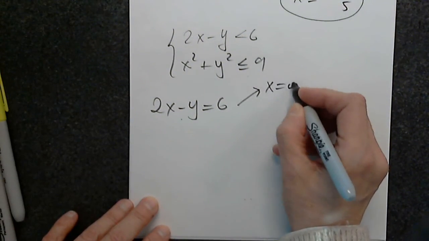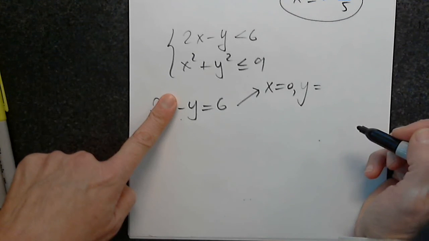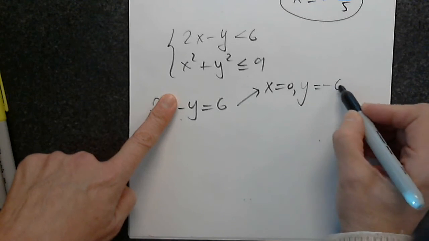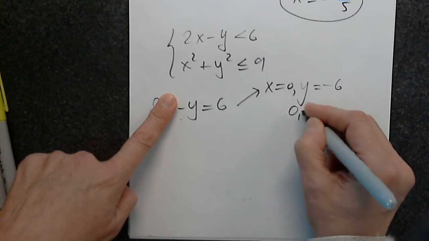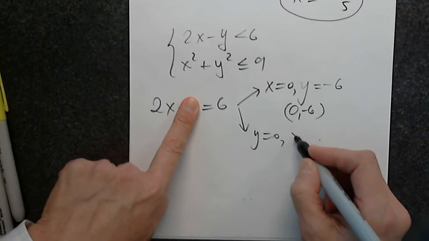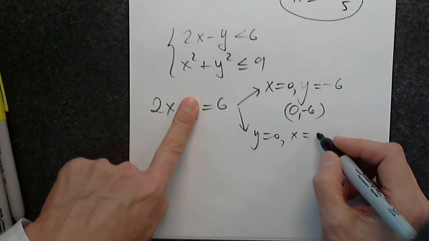So then when x is 0, how much is y? Negative 6, because there is a negative. So 0, negative 6. And the other one, when y is 0, how much is x? Very good.